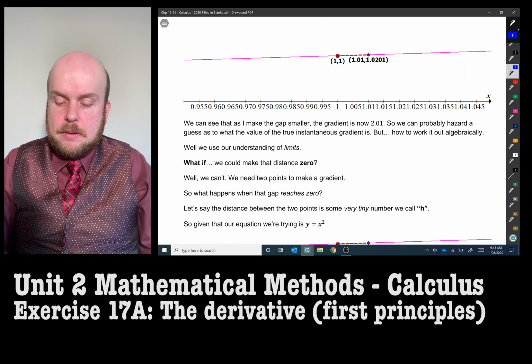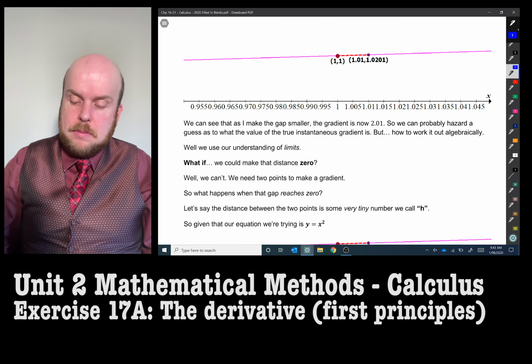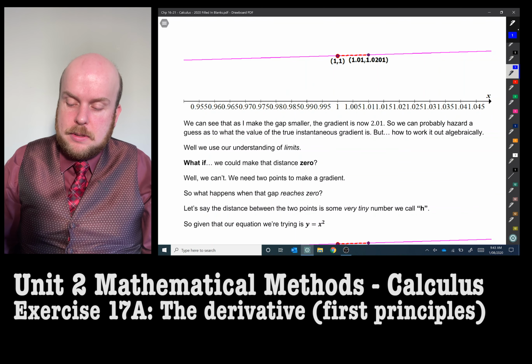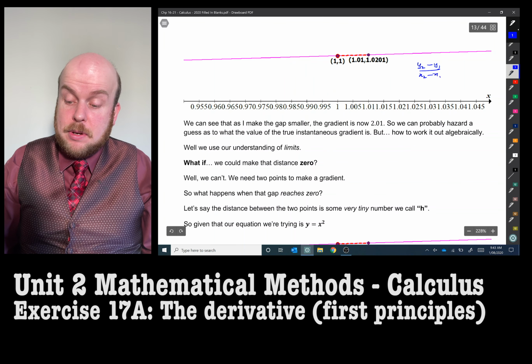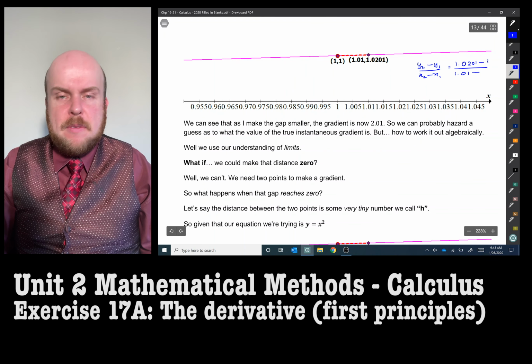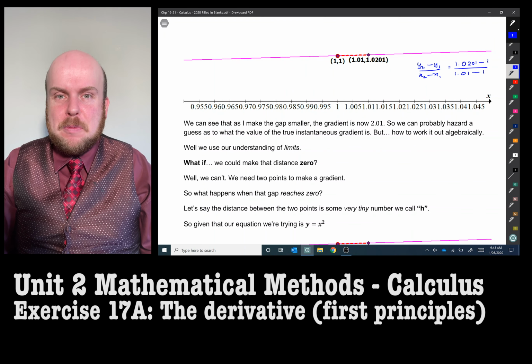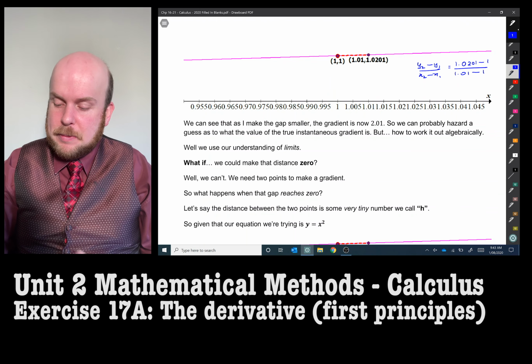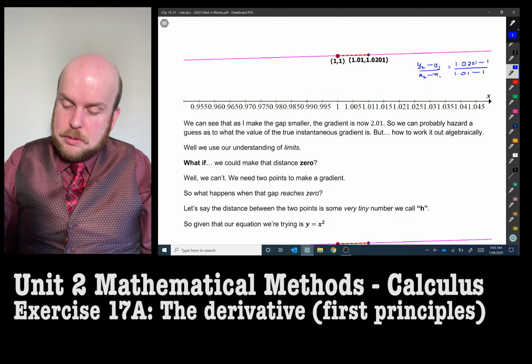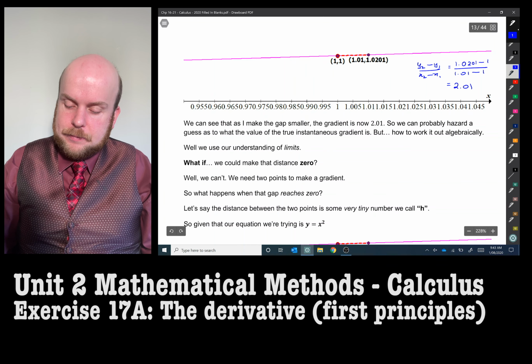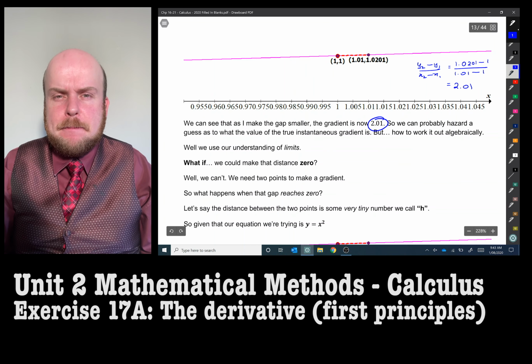So I've got 1 and 1, and 1.01 and 1.0201. So again, y2 minus y1 over x2 minus x1. And that gets me 1.0201 take away 1 over 1.01 take away 1. Well, this is equal to 2.01, which we've identified here.